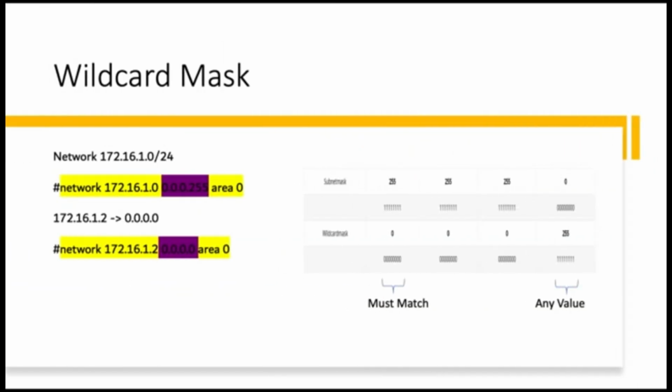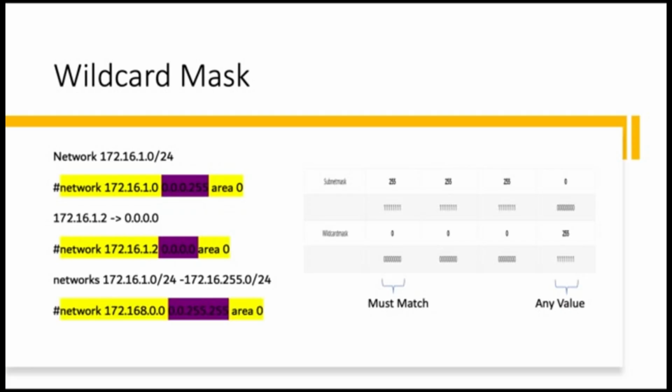Now the next one, what I will do is use a range to enable this. If I want to enable multiple subnets in one command, I can use the network command 172.16. Sorry, there's a typo. It should be 172.16.0.0, and the wildcard mask here is 0.0.255.255.